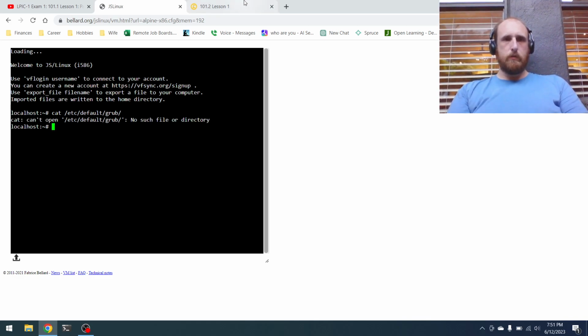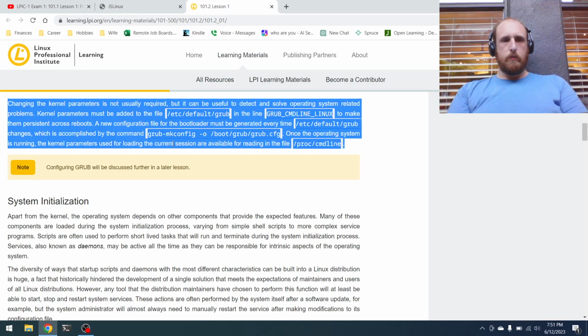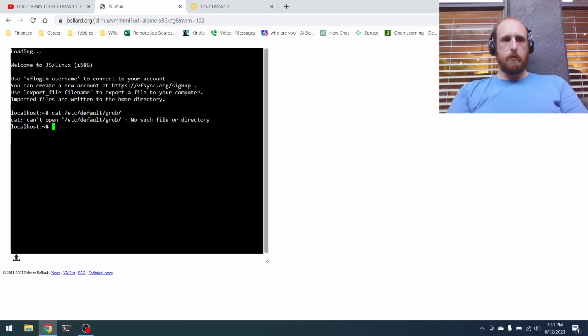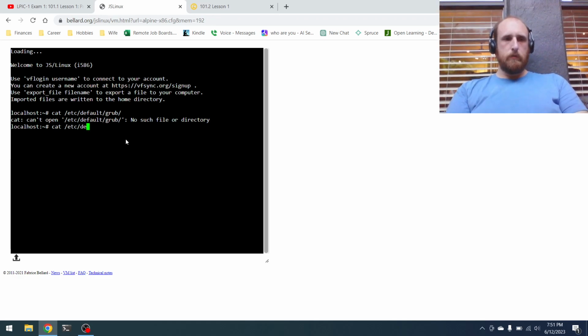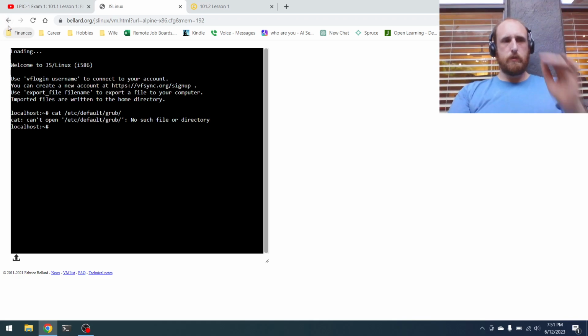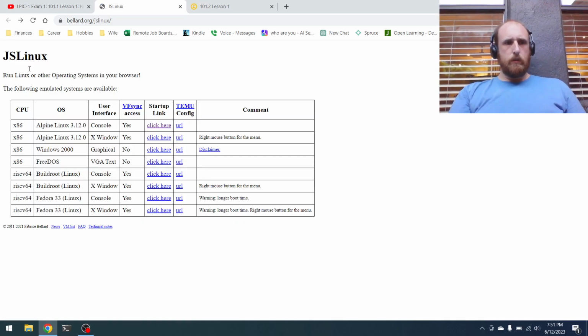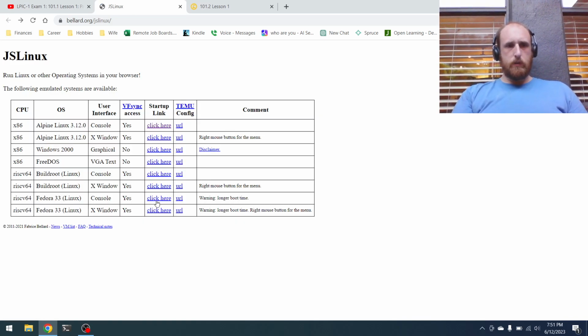Okay, that's interesting. So did I get it right? /etc/default/grub. Looks like I did. Yeah, this doesn't have it. So this is a different distro of Linux. Let's use Fedora instead.